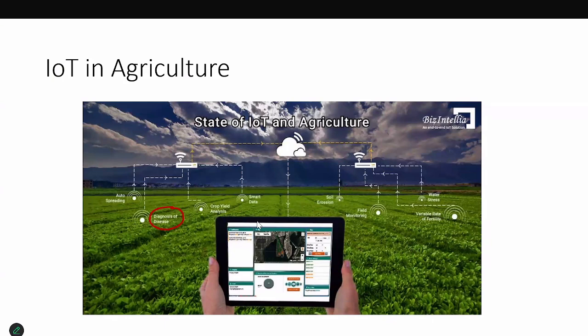So we can use sensors and imaging devices to take pictures and then process them and detect the disease. Crop yield analysis, soil erosion, we can use sensors, and field monitoring, the water stress levels, variable rate of fertility, and all those things. And we can gather all data and manage through a central interface like this. So therefore, the use of IoT in agriculture is a very important application, right?